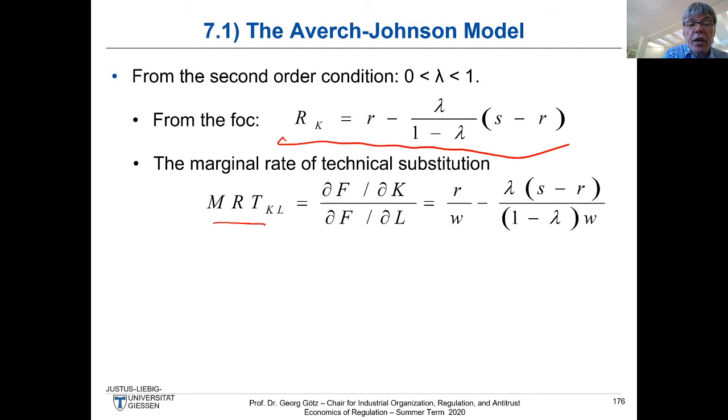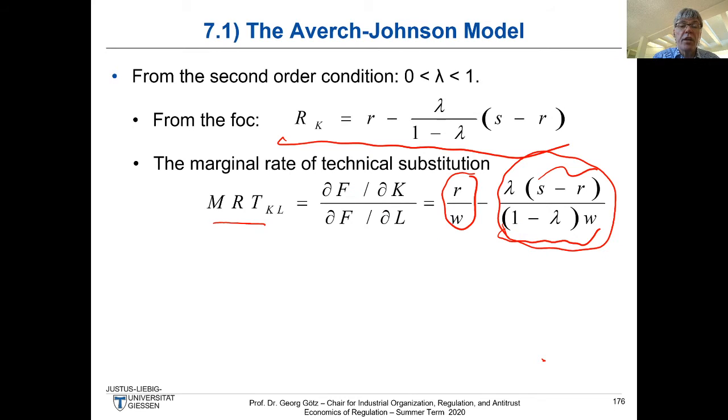Under cost minimization, the ratio of the marginal products would be just equal to the ratio of factor prices, R over W. But here we have an additional term. What does that additional term mean? Here it's important that lambda is smaller than 1, so this is positive, this is also positive, this is also positive. The whole expression is positive, therefore the ratio of the marginal products with the marginal product of capital in the numerator is smaller than the interest rate to wage ratio.